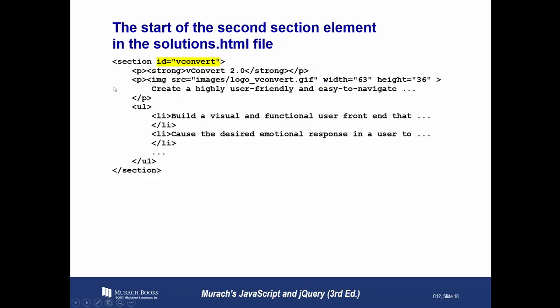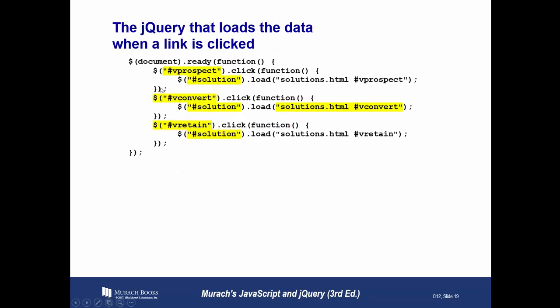And we can see how this works if we take a look at the jQuery. There are event handlers for the click events of the 3 links. In the load methods for these links, the URL not only consists of the name of the HTML file, but a reference to its section for that link. In other words, where to go for it.